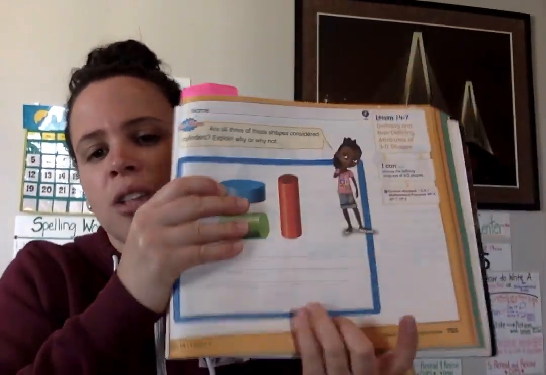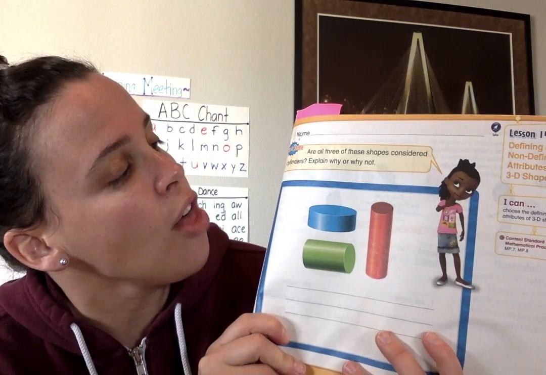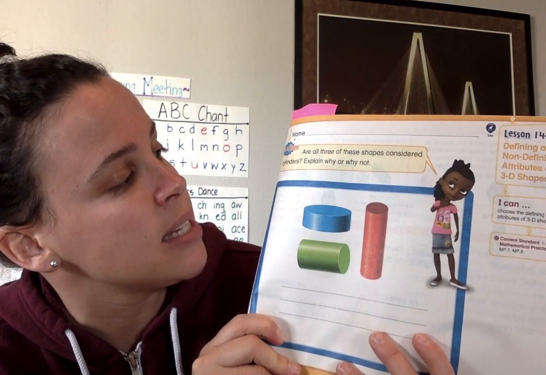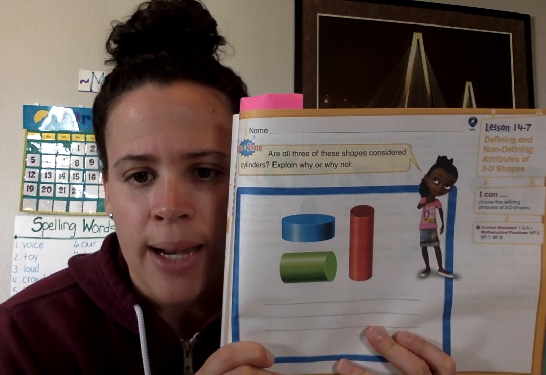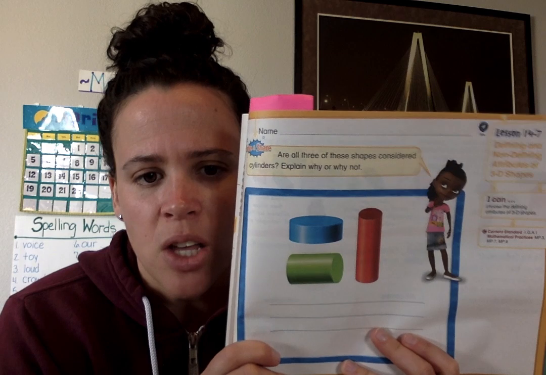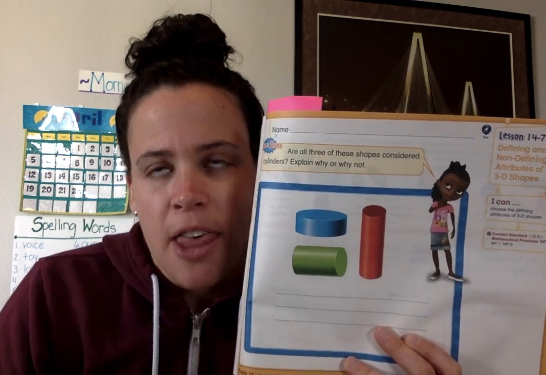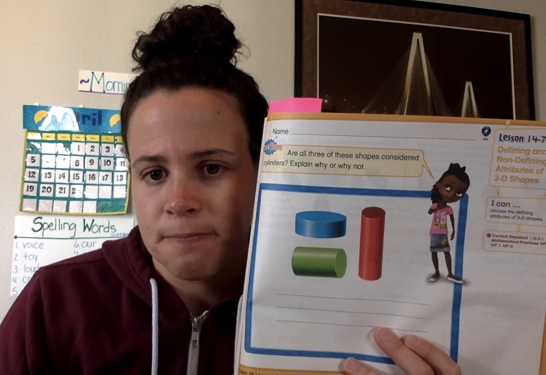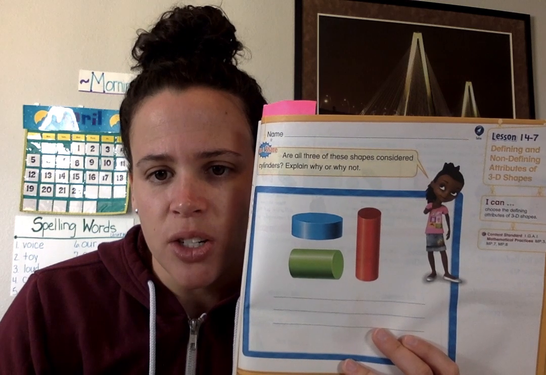Our solve and share for today says, are all three of these shapes considered cylinders? Why or why not? Take a look at these three-dimensional shapes here. Think about what is a cylinder. Are all three of these cylinders?